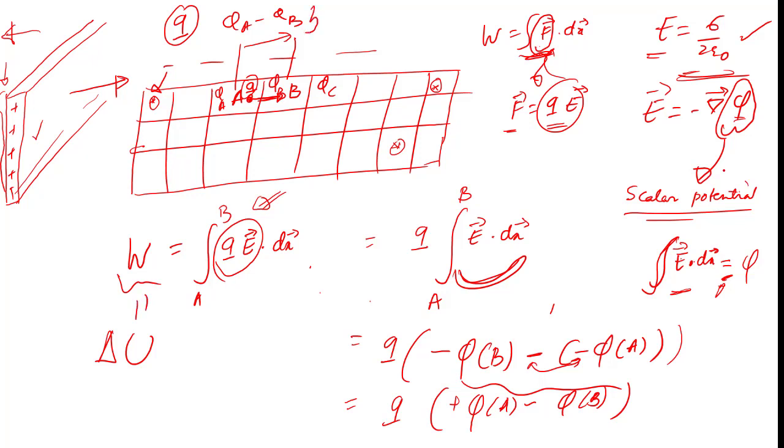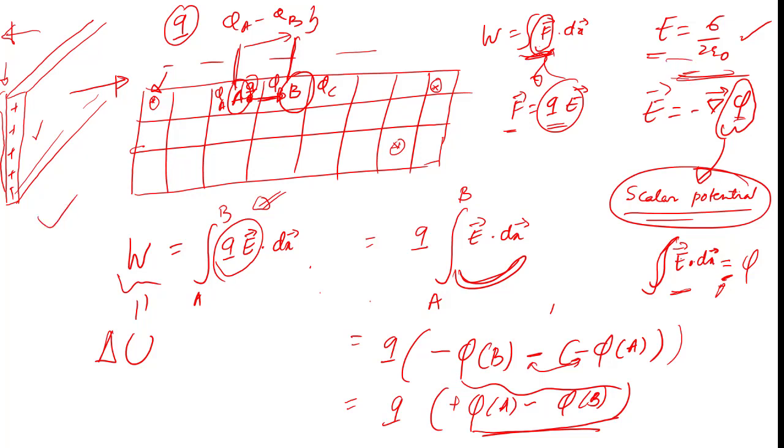So this function, the scalar potential function, is telling us the difference between each cell in terms of how much work would be done if I were to go from cell A to cell B. It is directly telling us the difference through this. So it is giving us a further specification of the electric field.